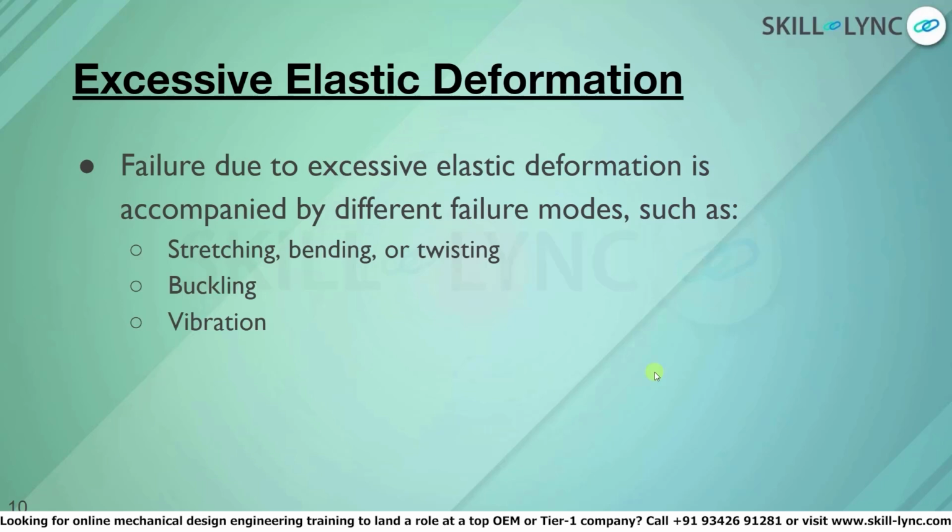Buckling is very important because, although the applied load is within the elastic limit, the material might still fail due to buckling. So, this should be treated as a very important mode of failure.